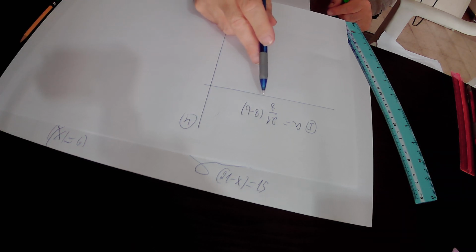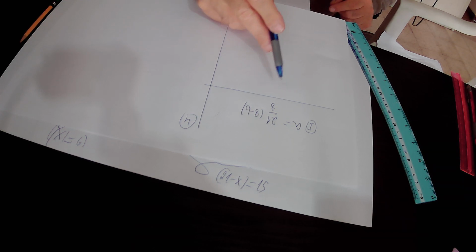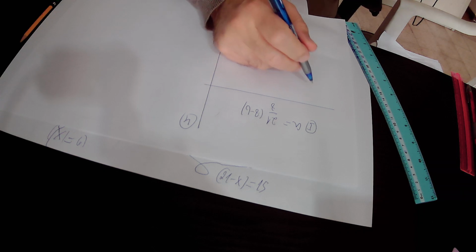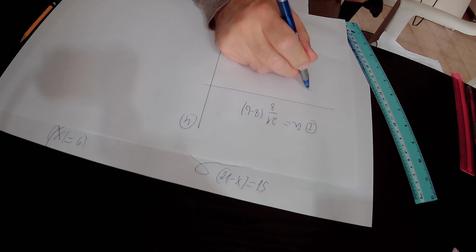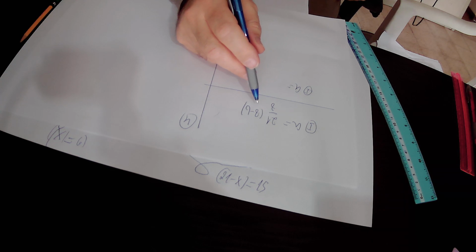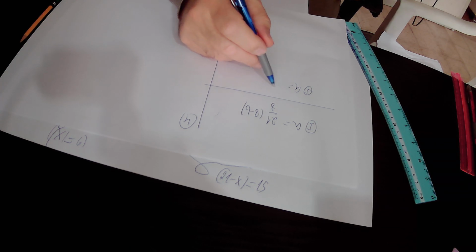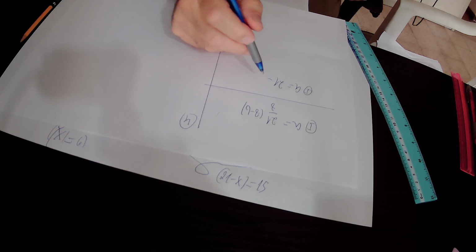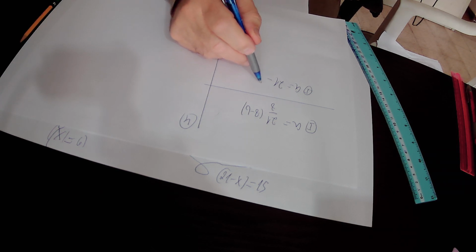Here we open the brackets on this side of equation 1, and we get that a equals 21 times 8 over 8, which is 21, and 21 over 8 times minus b, which is minus 21 over 8 times b.